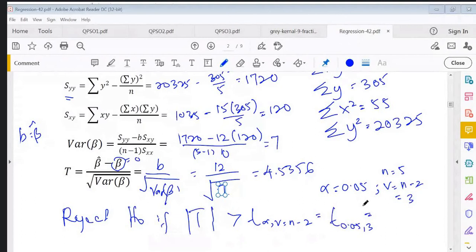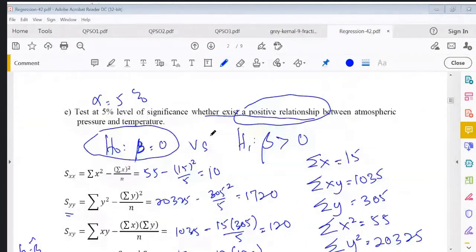For this question, the marks are very high, you can get 8 marks if this is correct. This is the highest mark here, 8 marks, because it involves hypothesis testing. No need to divide by 2.